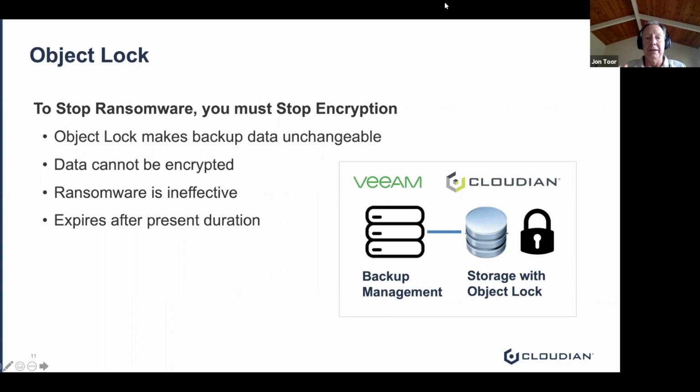The beauty about this is a process which is managed by the backup software. So Veeam and Commvault currently have built-in mechanisms to manage object lock and to handle that issue of locking down the data, layering on some new backups, unlocking the original ones, deleting it. So it becomes a process that the Veeam and Commvault software manage.